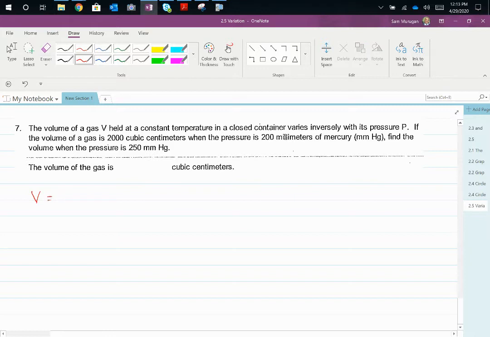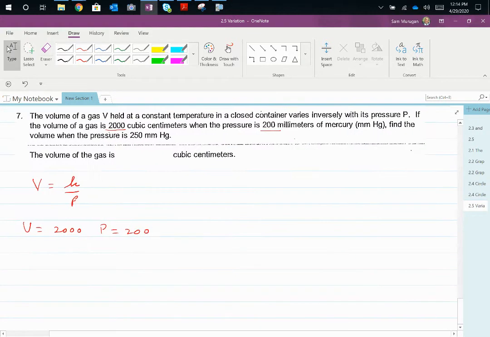So V varies inversely with P. If the volume of the gas is 2,000 cubic centimeters when the pressure is 200, so V is equal to 2,000 when P is equal to 200. We're going to substitute to find K and write the general formula. So 2,000 is equal to K over 200.